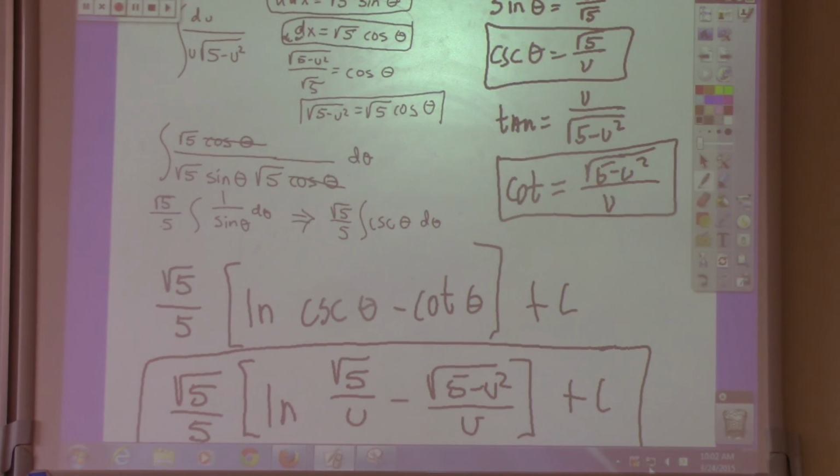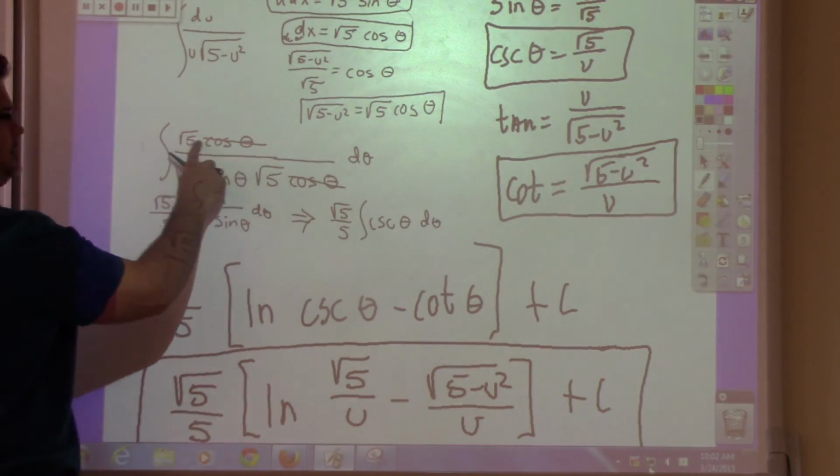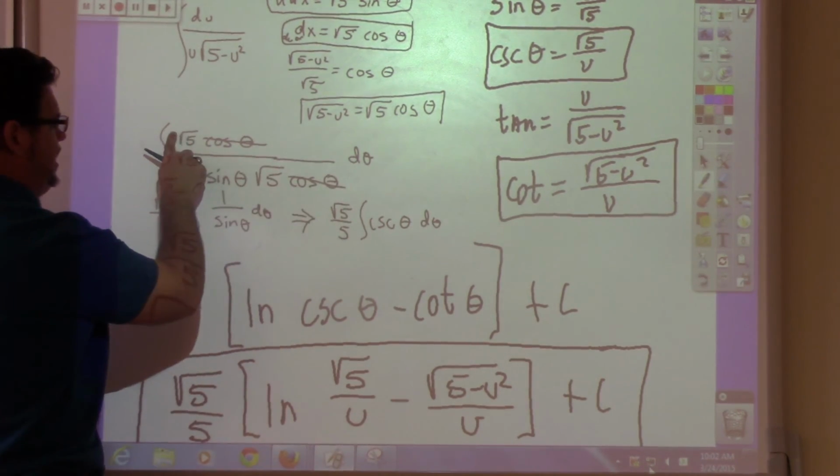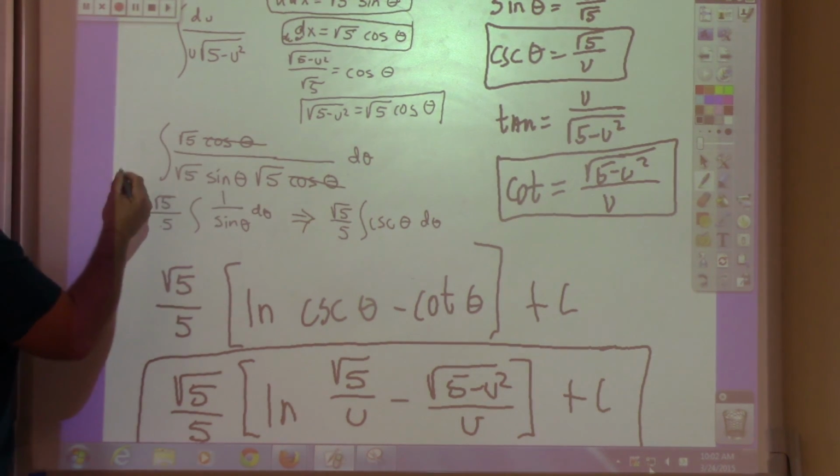I didn't cancel, I don't know why. Square root of 5 times square root of 5 is 5. I've got the right answer, I've just got it written in a different way, because even if you cancel these two out, is that what you were talking about? Yeah. Even if you cancel that out, you get 1 over the square root of 5, that's it.